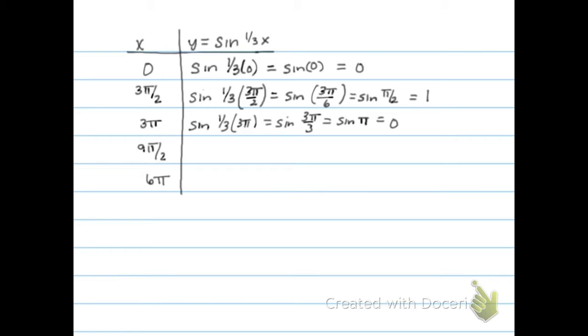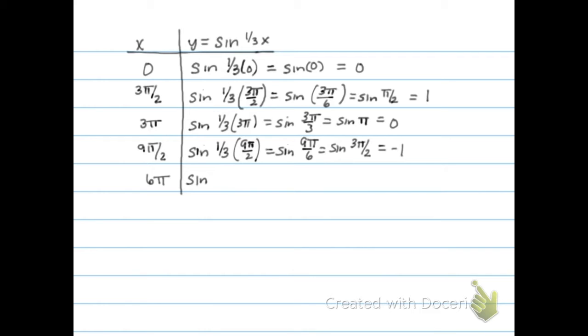So you should see a pattern here. So it's going to be probably 0, 1, 0, -1, 0. But we're going to continue with the table. So I see sine of 1/3 of 9 pi over 2, which is the sine of 9 pi over 6, which reduces to the sine of 3 pi over 2. And I know that the sine of 3 pi over 2 is -1.